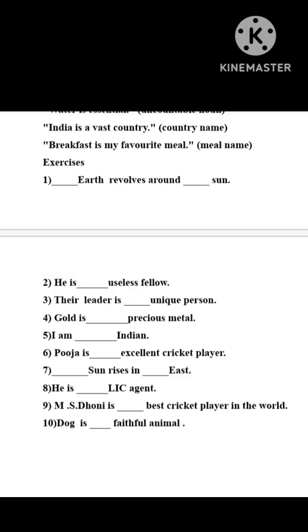I am dash Indian. Pooja is dash excellent cricket player. Dash sun rises in dash east. He is dash LIC agent. MS Dhoni is dash best cricket player in the world. Dog is dash faithful animal.